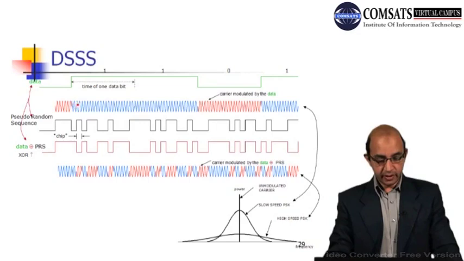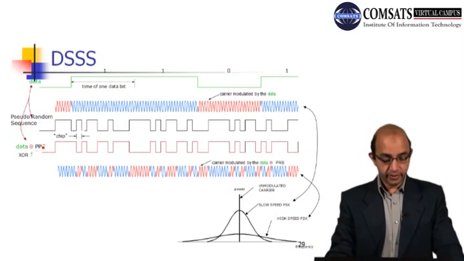You can see the modulation, binary phase shift keying: whenever we have a 1 there is a phase shift, and here again 1, so no phase shift, and here we have 0, and 1 again phase shift. This is the pseudo random sequence, which can also be regarded as the chipping code, and this is the data plus pseudo random sequence.